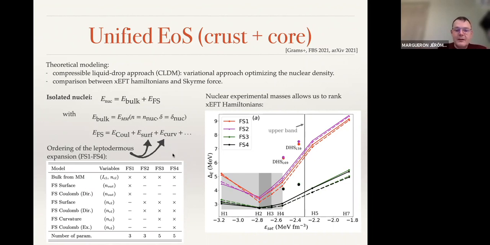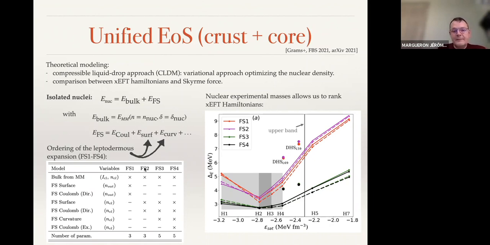This is one of the studies that we have done, where we have analyzed the contribution of the different orders as we go higher and higher in this expansion. What we expect, of course, is that if it is a good expansion, as we go higher the terms contribute less and less. And this is what occurs, in fact.